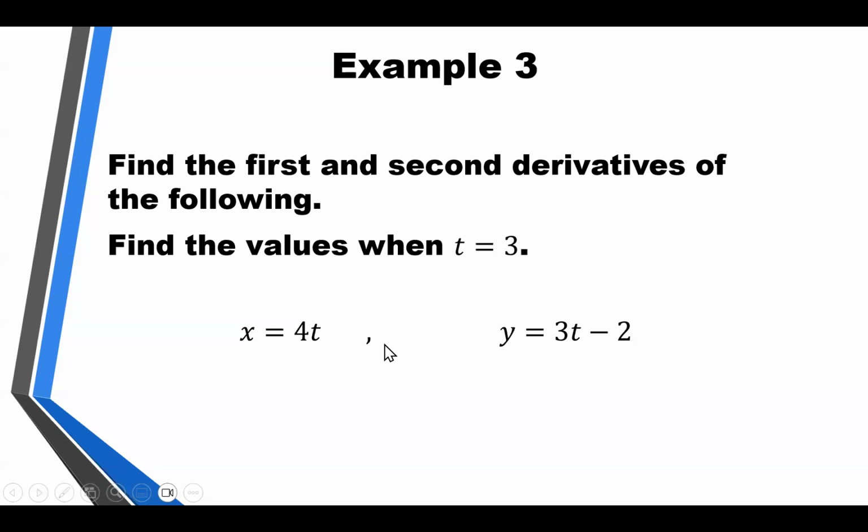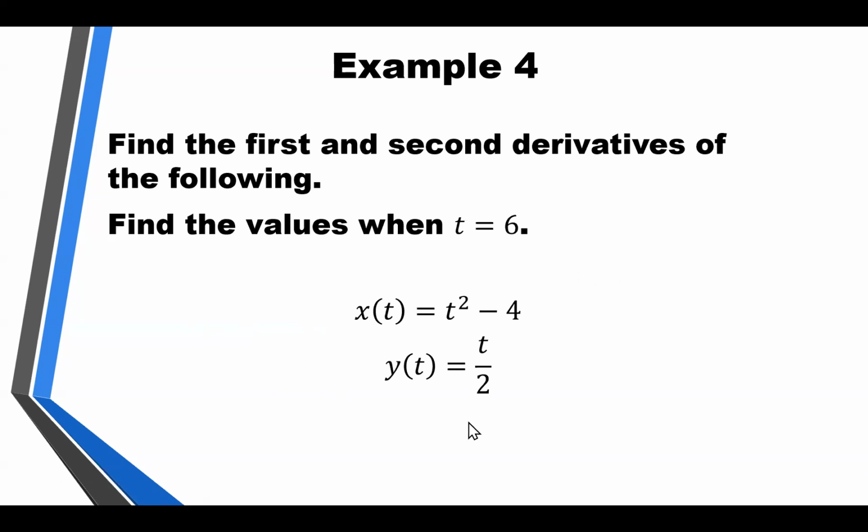By the way, the reason you would get a first derivative that is constant is because when you graph this pair of parametric equations, you get a straight line. And lines, as we know, have constant first derivatives.